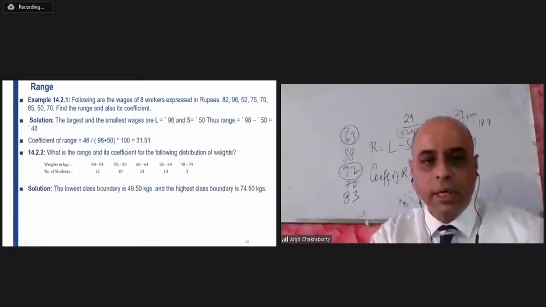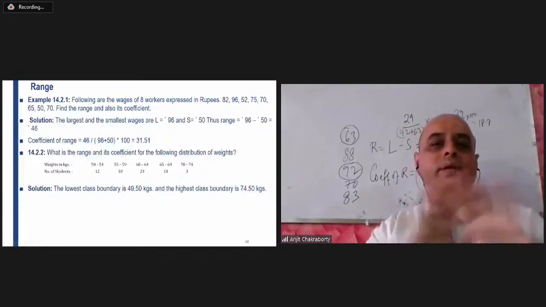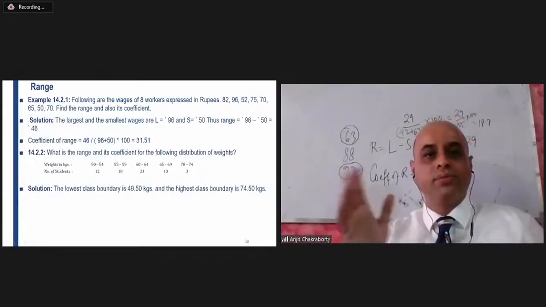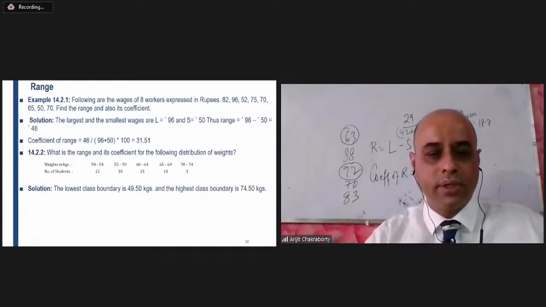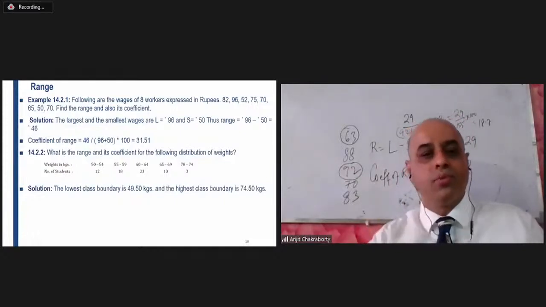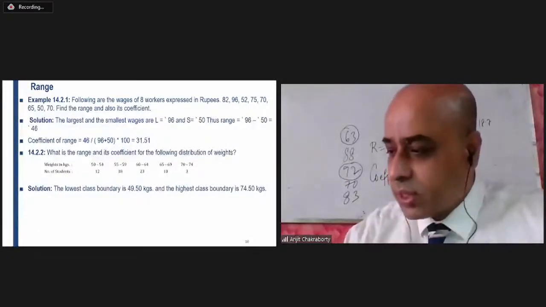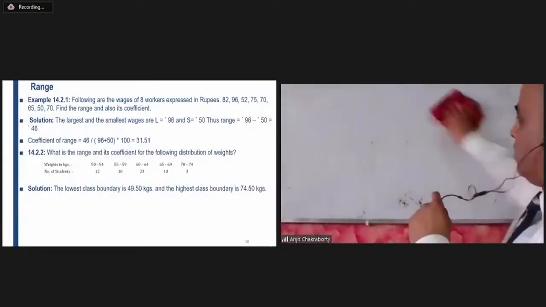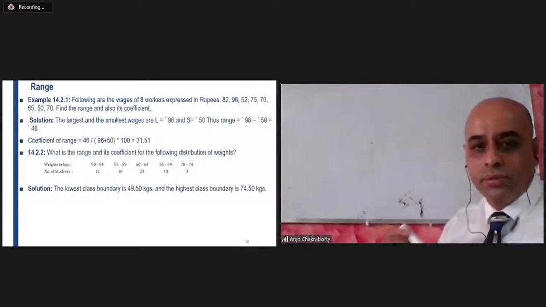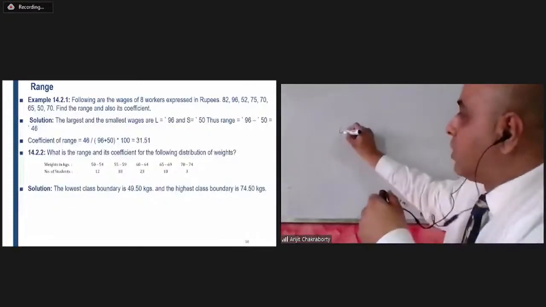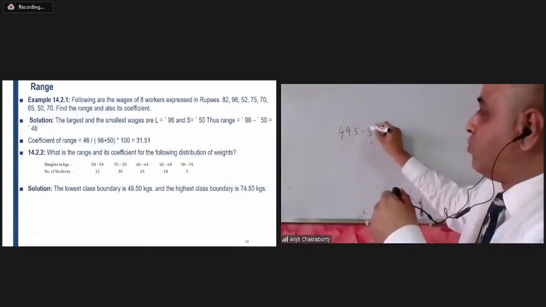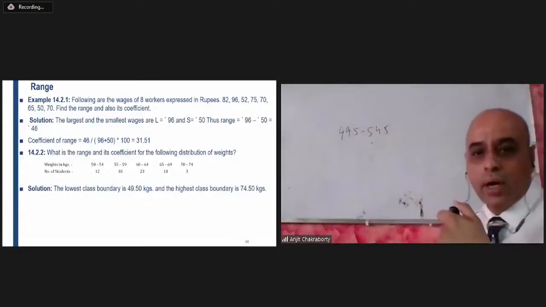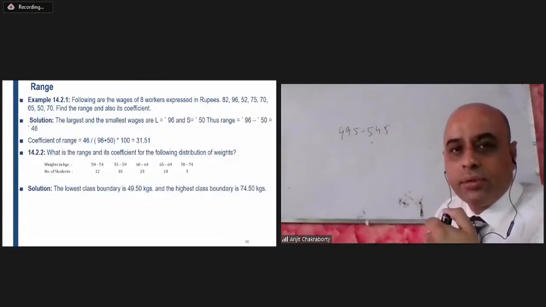Frequencies are given. So in this case, what we will do, we will make it continuous. 50 to 54, we can write as 49.5 to 54.5. So in this example, I will write 50 to 54 as 49.5 to 54.5. And the highest class is 70 to 74.